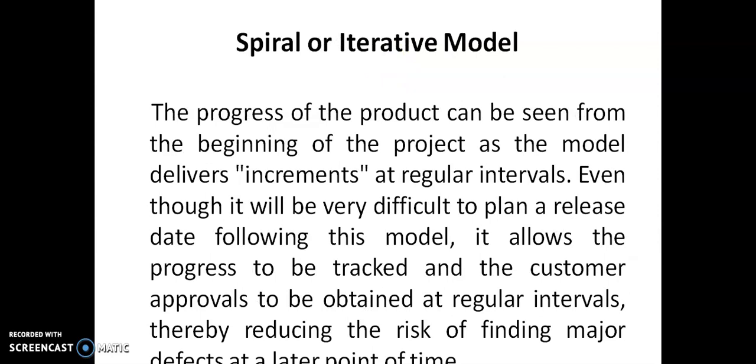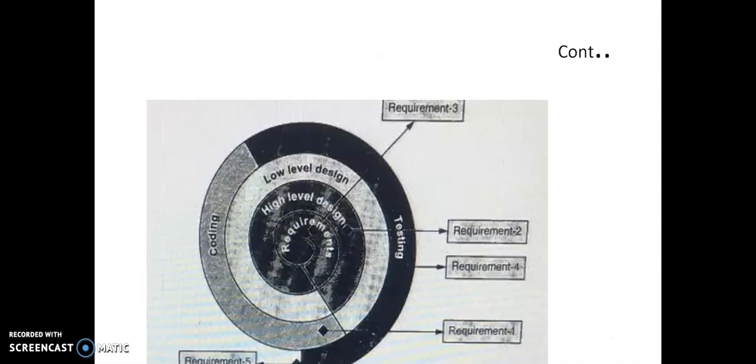The progress of the product can be seen from the beginning of the project as the model delivers increments at regular intervals. Even though it will be very difficult to plan a release date following this model, it allows the progress to be tracked and the customer approvals to be obtained at regular intervals, thereby reducing the risk of finding major defects at a later point of time. There is a simple diagram that explains how the spiral model works.